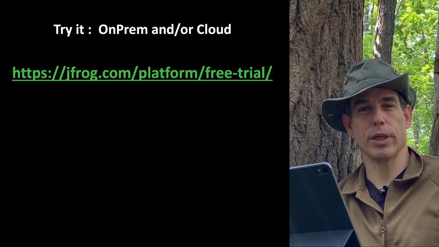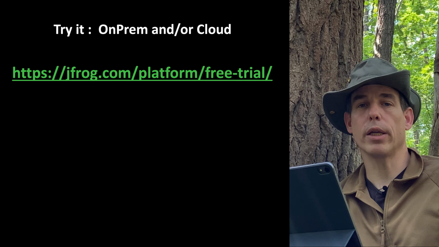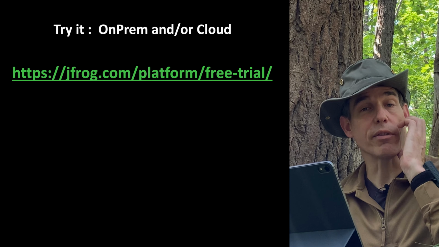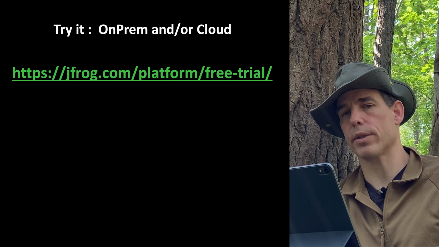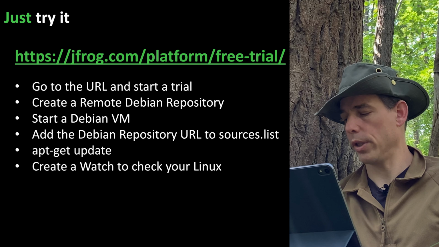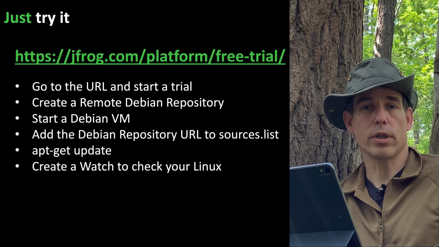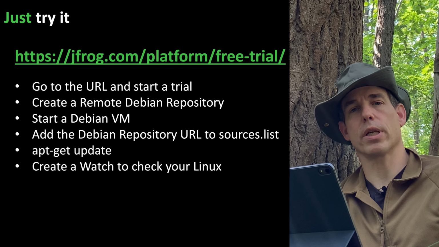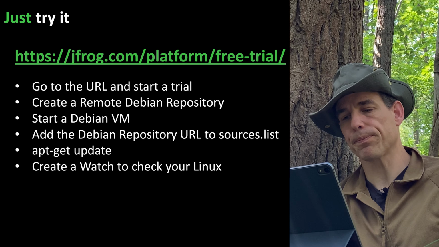If you want to try it by yourself, and I really would recommend to try it, go to jfrog.com and start a trial. It will take approximately 10 or 15 minutes, and after this you have your own instance with Artifactory, with X-Ray, pipelines and all this stuff, and then you can just start using this one and test it. So how to do it? Go and start a trial, then create a Debian repository, for example a mirror, just a remote repository for the Debian mirror.